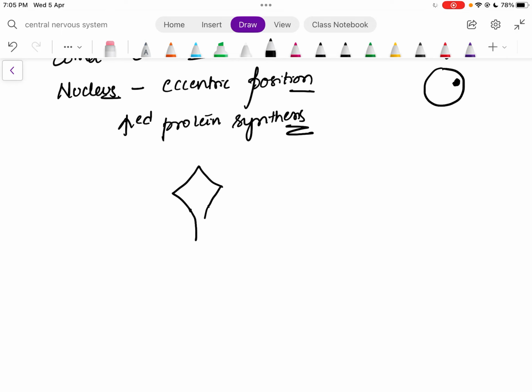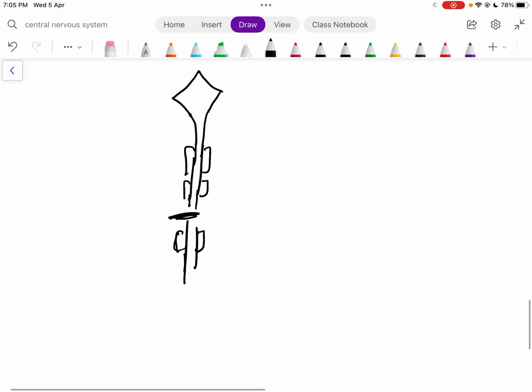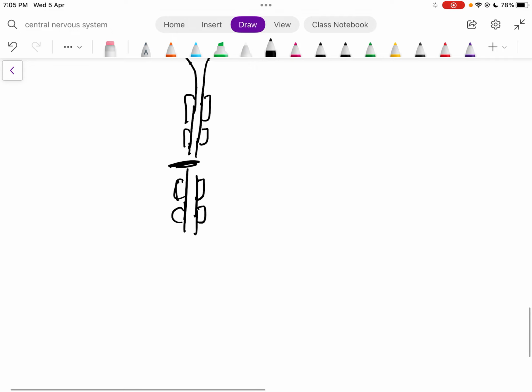This is a neuron, and this neuron will have a myelin sheath. And there is a cut here. What happens after the cut to the distal part of the neuron? This distal axon, distal to the transection, will die.